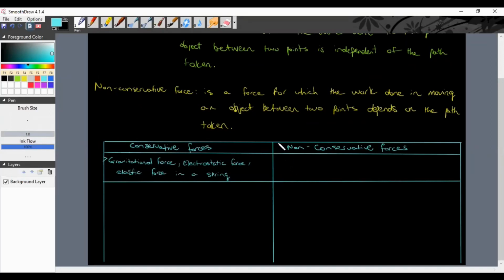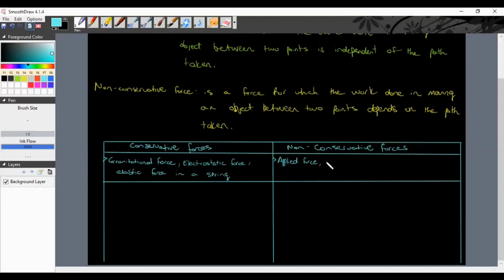And for non-conservative forces, these we know very well because we've been dealing with them all the time. Applied force is a non-conservative force, and an applied force can be a pulling, pushing, or motor drive force. All of those are applied forces.